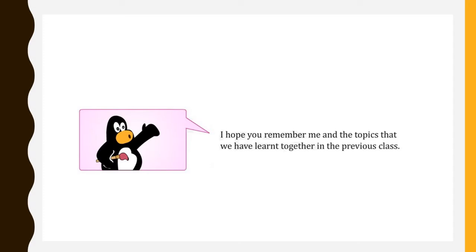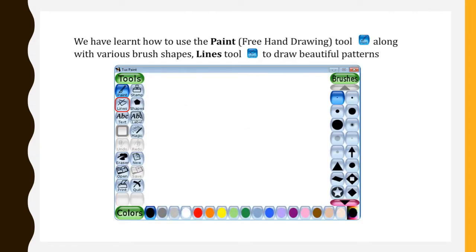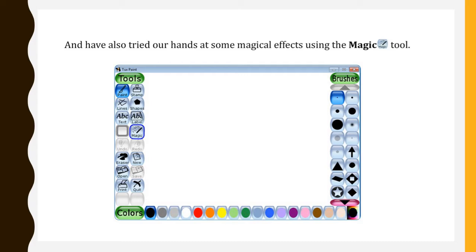I hope you remember me and the topics that we have learned together in the previous class. Let us have a quick review about the tools we have learned till now. We have learned how to use the paint freehand drawing tool along with various brush shapes, lines tool to draw beautiful patterns, and have also tried our hands at some magical effects using the magic tool.